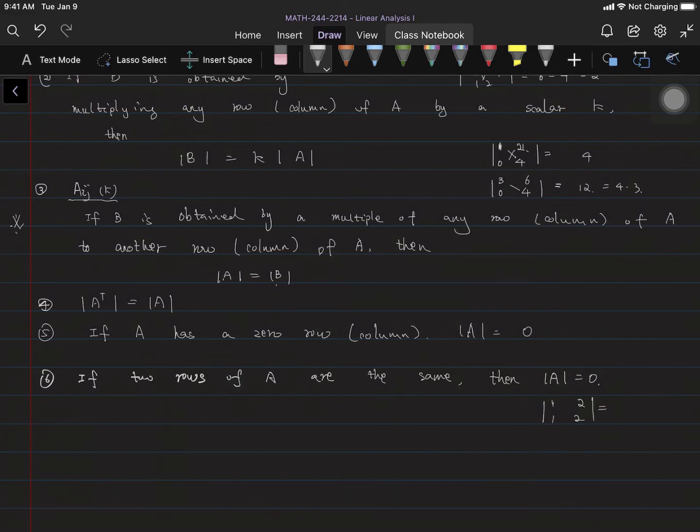Actually, this is the same as doing a row operation like property number 3, giving 1, 2, 0, 0. We can use row 1 times negative 1 and add to row 2, right? So we can get this, and then we have a 0 row. In this case, it's 0. You don't even need to do any calculation. Wherever you see two same rows, just make them into 0.